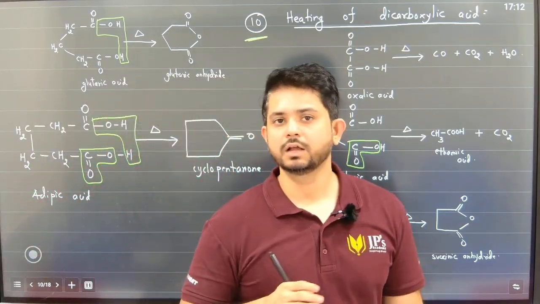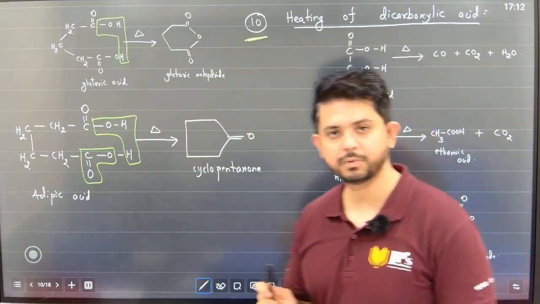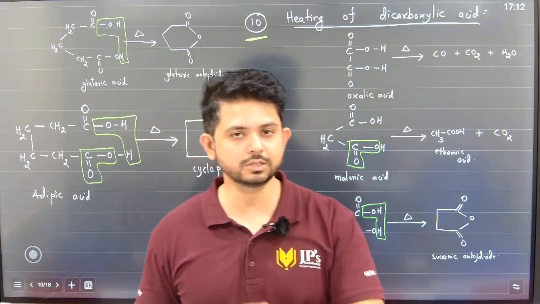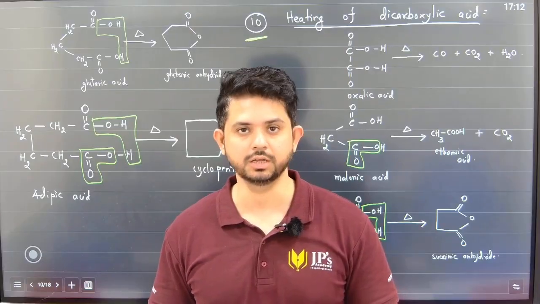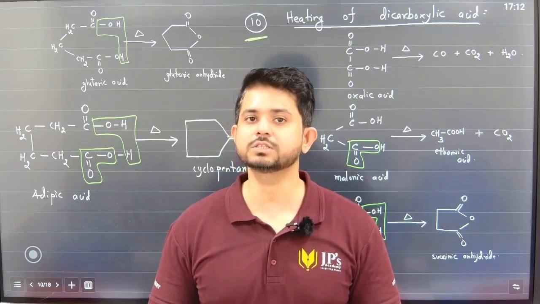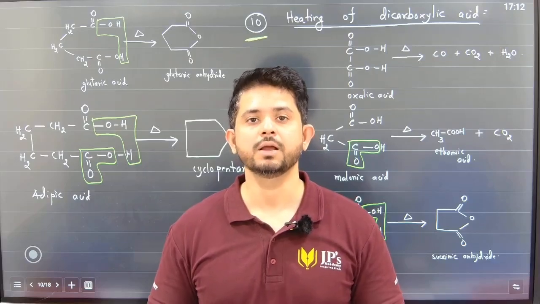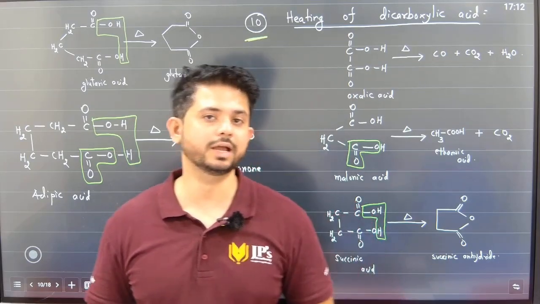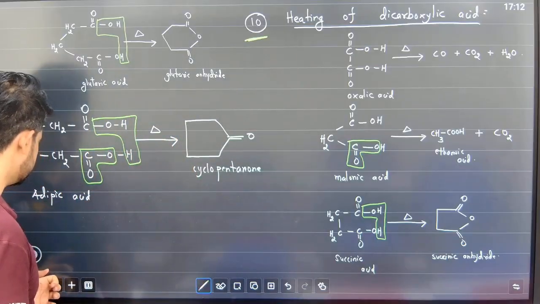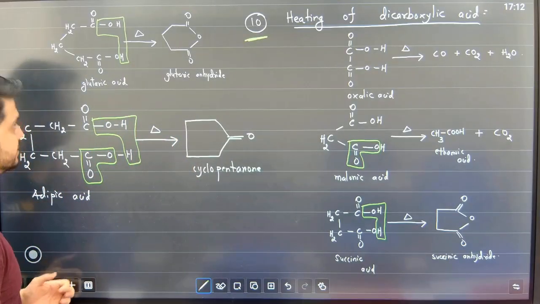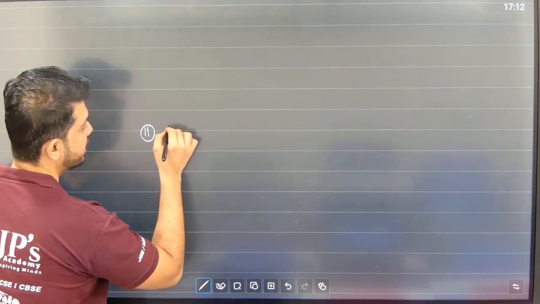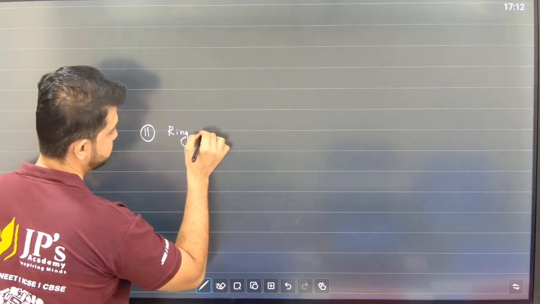So students, these are very important from JEE Advanced perspective because we are studying the concept of decarboxylation of sodium salts of carboxylic acid. So similar concepts of decarboxylation based questions they can ask for dicarboxylic acids. And the last reaction, students, before we move on to acidity of carboxylic acids, is ring substitution.